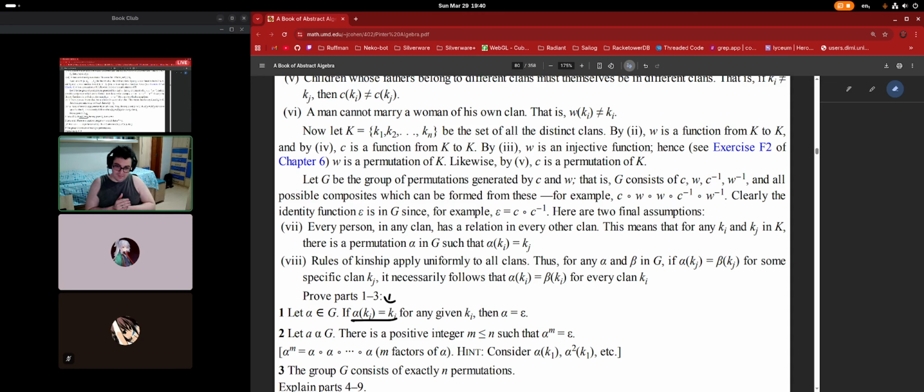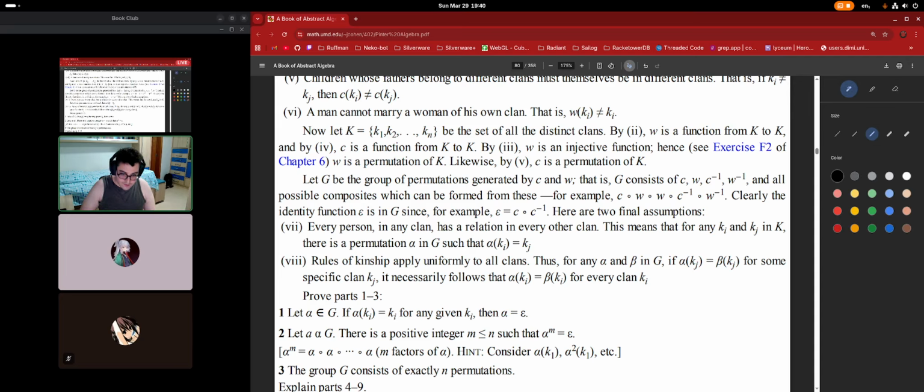Yeah, maybe I'm not getting my point across, but okay. Well, I think what Tevo said before, that you cannot marry people from the same clan, is what makes my hypothetical gamma equal to epsilon. But maybe I'm wrong. I don't know.